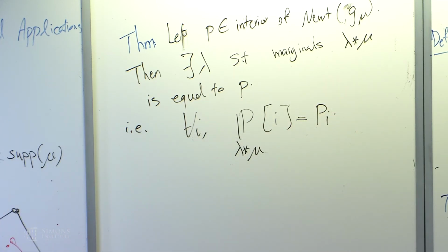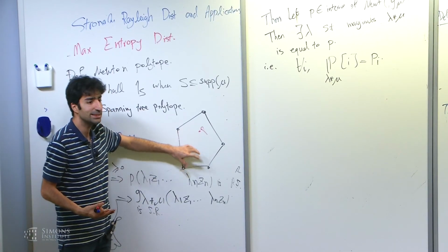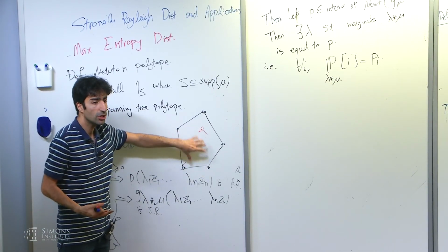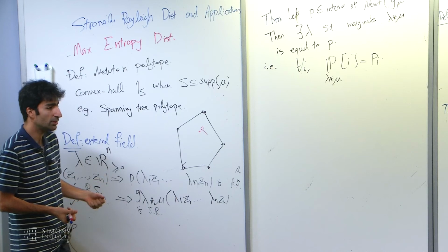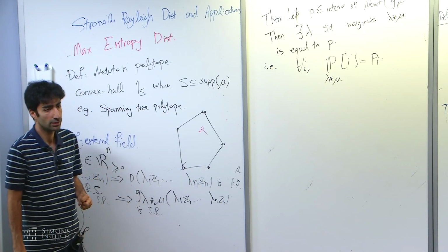Okay. So why is that interesting? You start from some distribution. It has some marginal probabilities. But you may be interested in some other distribution with other marginal probabilities. This says that as long as your target marginal probabilities are inside the Newton polytope, you can perturb the distribution by applying an external field to get to any point of your interest.